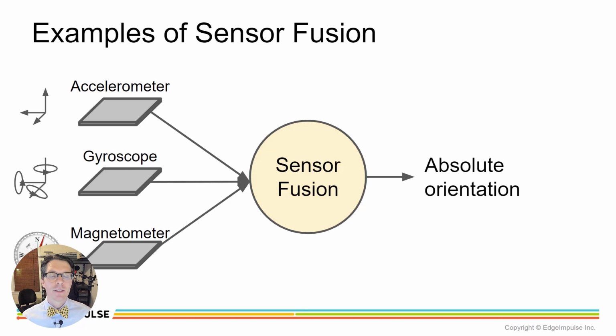Many times, advanced digital signal processing techniques or things like Kalman filters are used in order to combine all of this data and get us some type of information out that gives us a better idea of the environment, more than what you can get individually out of the single sensors. In this case, think of a VR headset or a virtual reality headset. It knows where you're looking, how you tilt, and the absolute heading of where you're facing because of the combination of these sensors, and that's an application of sensor fusion.